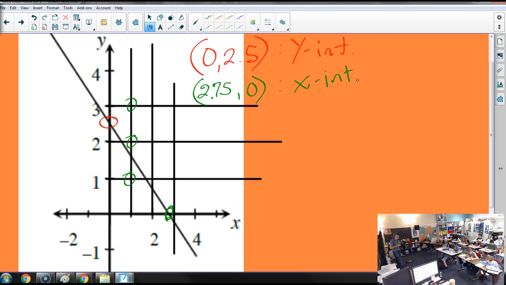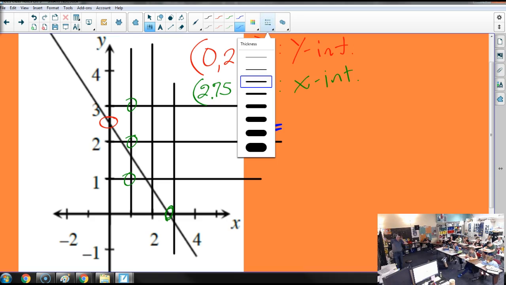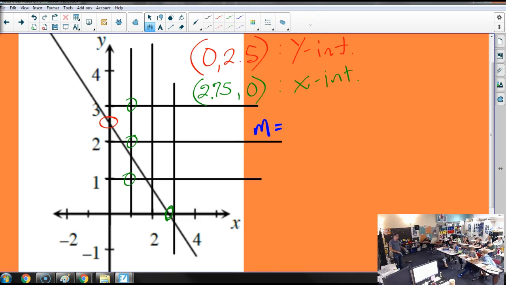When we talk about slope, did we talk about what division gets us slope? Yeah, we talked about y1 minus y2 divided by x1 minus x2. Technically we say it the other way around, y2 minus y1 over x2 minus x1.